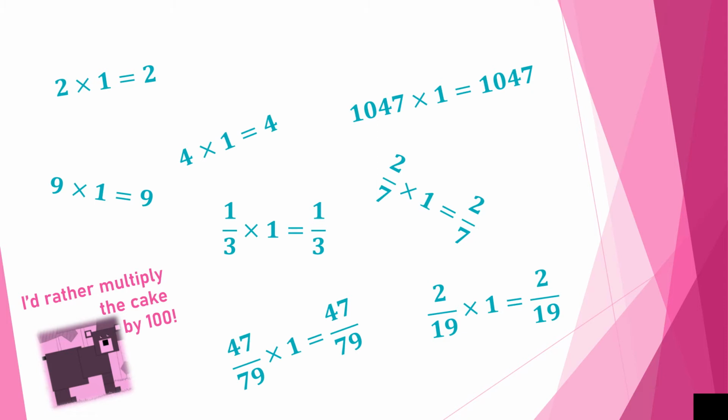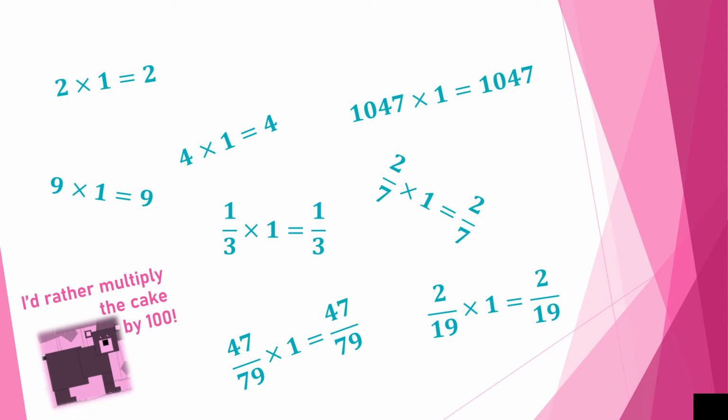And 1047 times 1 is 1047. 1/3 times 1 is 1/3, and 2/7 times 1 is 2/7.